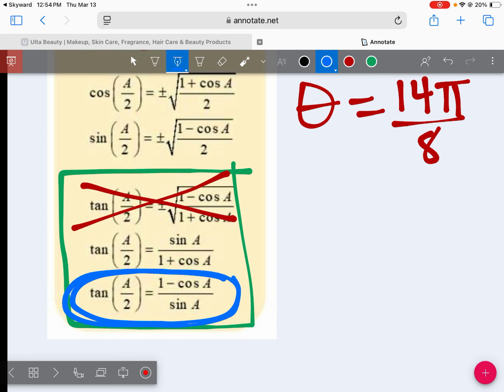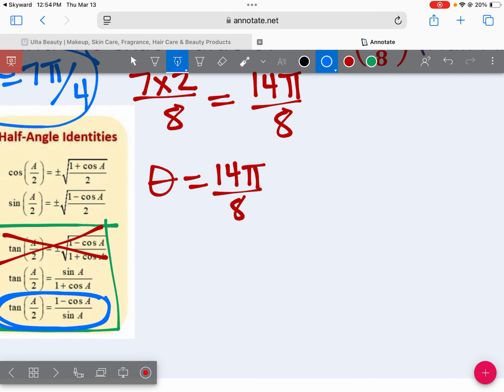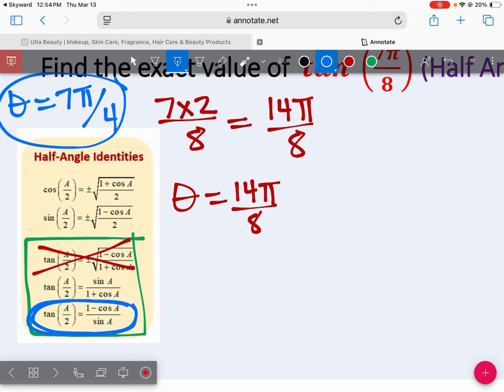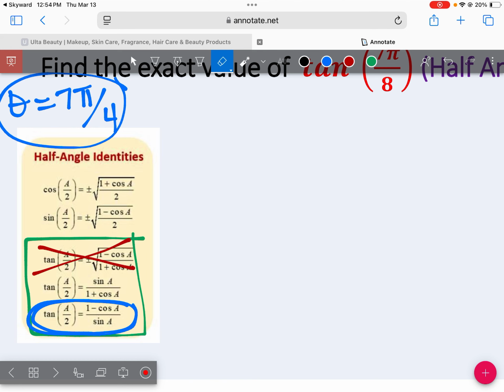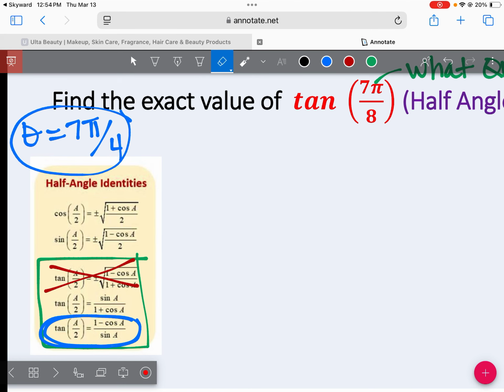All right, so that's the one I'm going to use. So we have tangent of, so let me get rid of all of this. So we have tangent of, and the angle I'm dividing by 2 is 7 pi over 4.